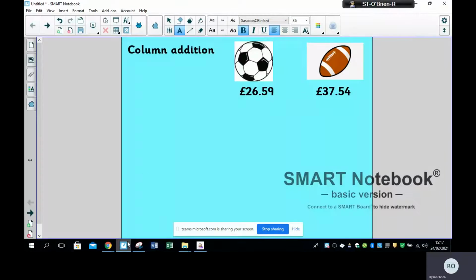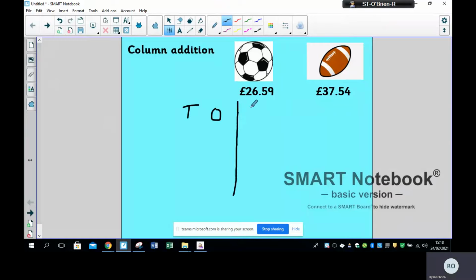So I'm going to show you my screen. We're going to have a go at these 2 questions. Here's the first one: £26.59 add £37.54. So we have our tens and our ones, there are pounds. And I think on your examples it has a line down there, okay, but that's where your decimal point will go.